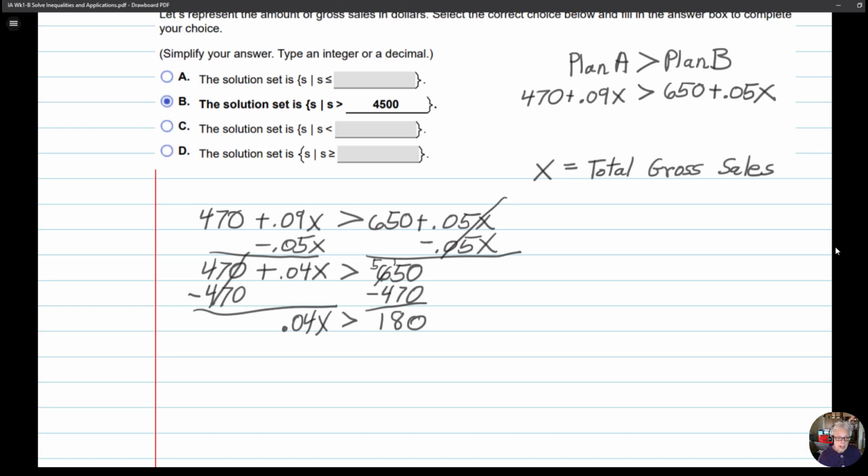Now I'll solve for x by dividing both sides by the number in front of x, the number that multiplies x.